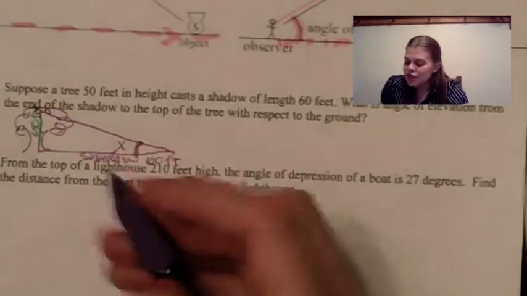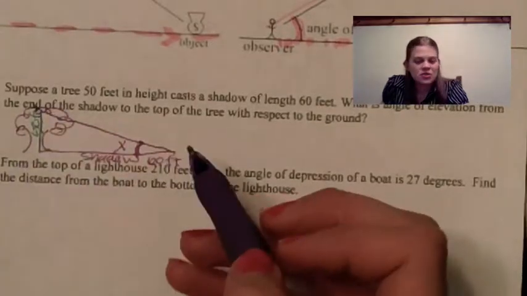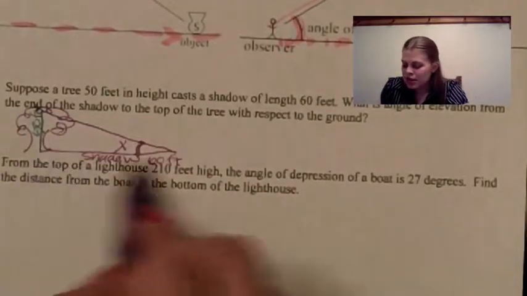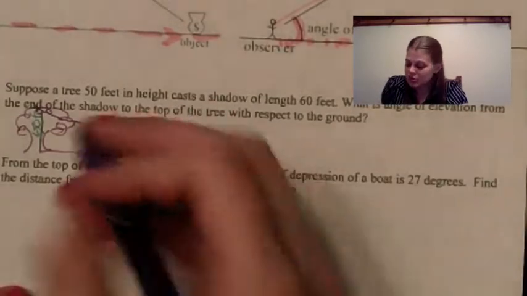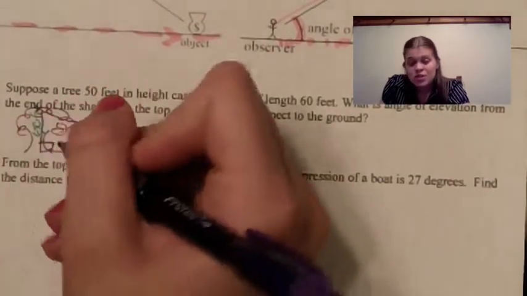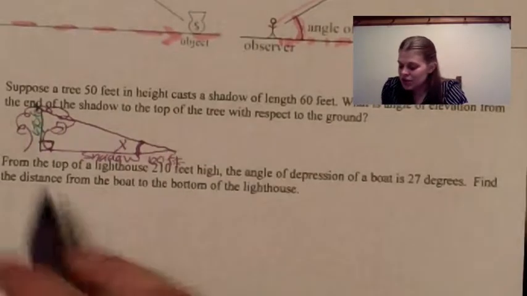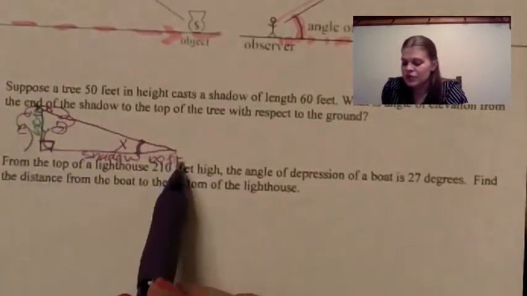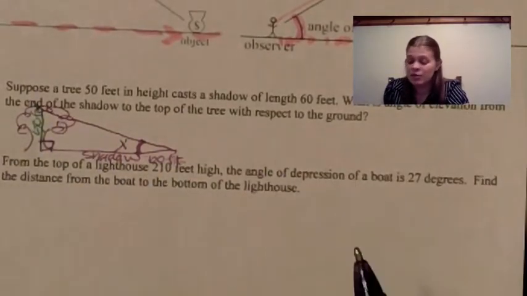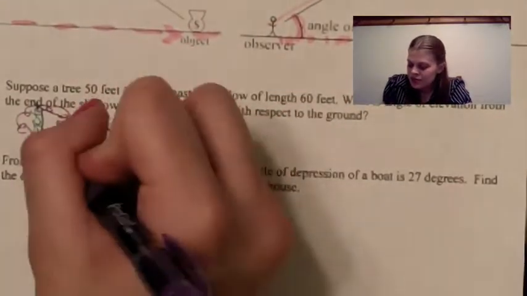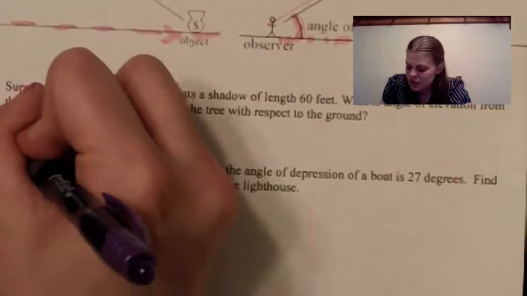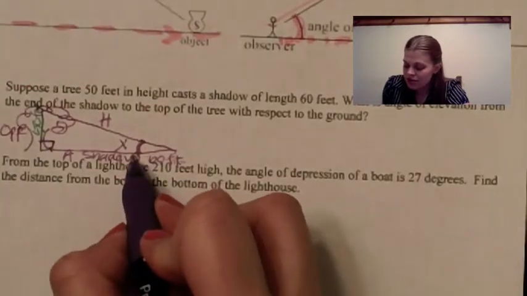Okay, so now I've created the picture. It wasn't too hard. I labeled how high the tree was and how long the shadow was. We know the shadow's on the ground, and we know a tree grows straight up and down. Notice that the tree and the ground are going to make a 90-degree angle. So now I have a triangle, and it's just like what we've already done before. This is the hypotenuse, this is the adjacent, and this is the opposite from our angle of elevation.